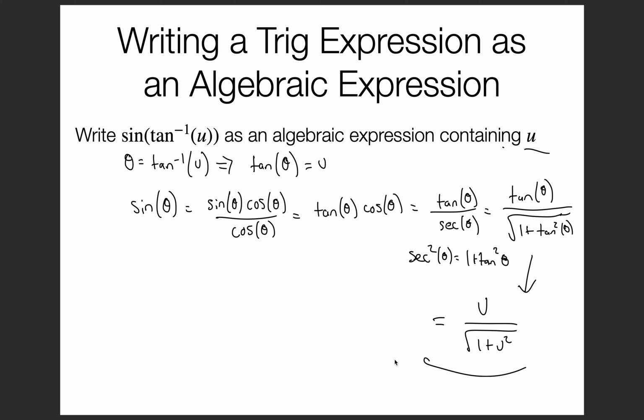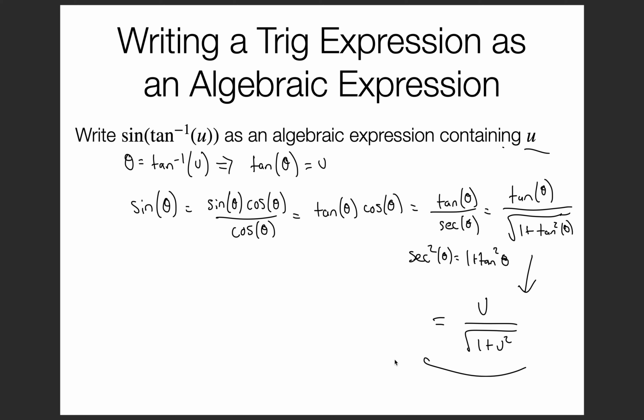So what I need to do is to get sine of theta, or whatever expression that I come up with, to only include tangent of theta in it. It can include multiple tangent of thetas. They could be all over the place, but that's the only thing that should be there. So I start with sine, which is not great.